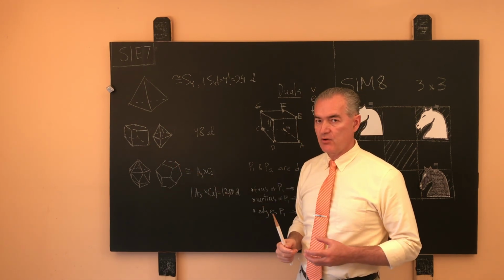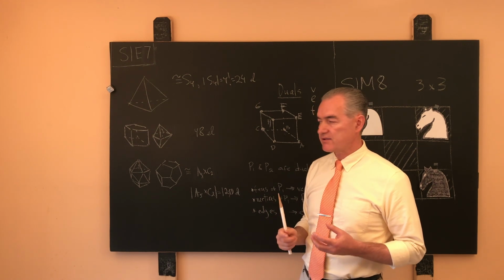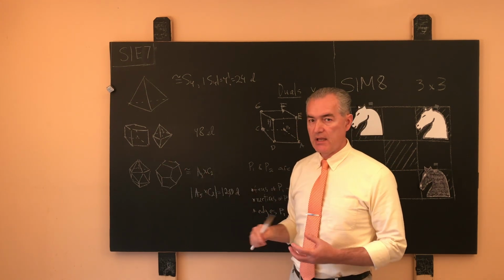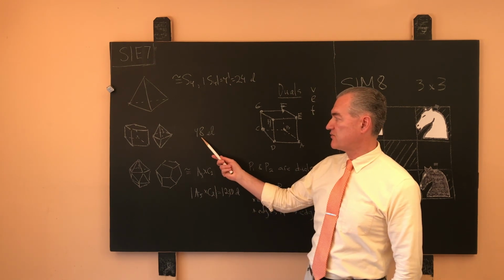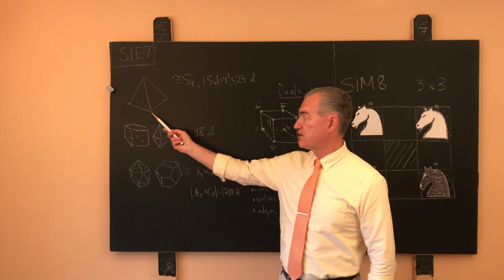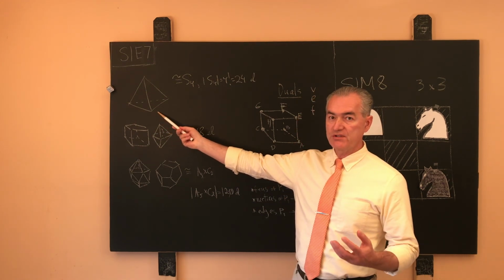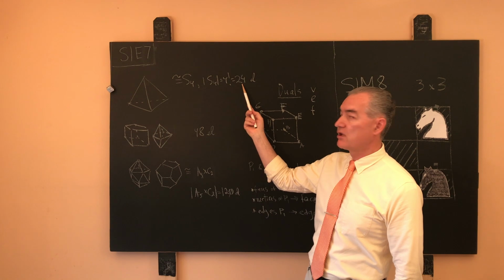That means that one and the same solid, such as a cube, can be brought into coincidence with itself in 48 different ways, while a tetrahedron can be brought into coincidence with itself in 24 different ways.